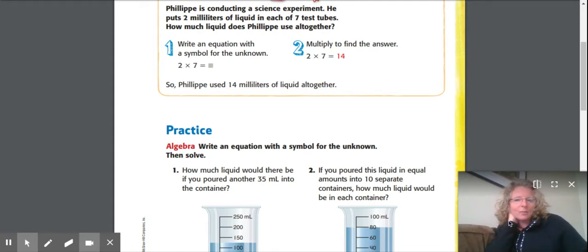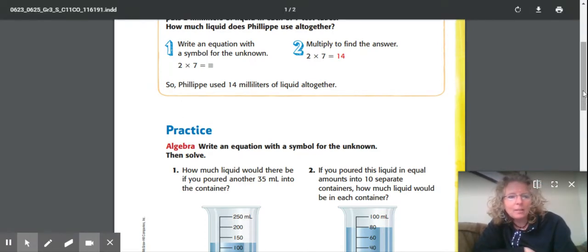So then you just have to add up all the 2's. Is there a faster way to add 7 2's? Multiply. 2 times 7. 2 times 7 is 14. How much liquid does Philippe use altogether? 14 milliliters.